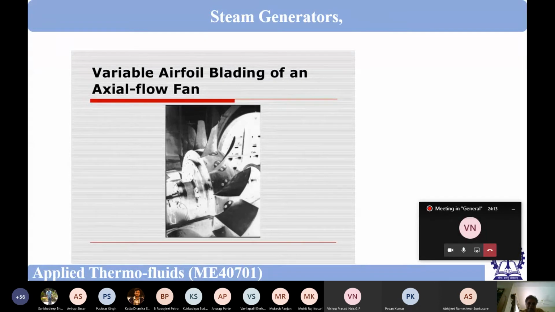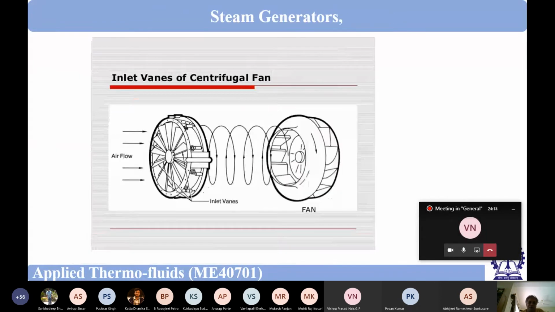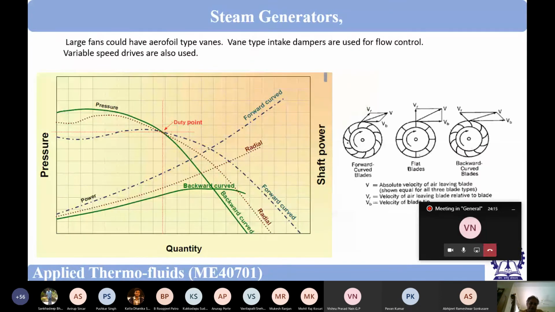It is like this. Whatever may be your method of changing, you have to follow this curve. This is the characteristic curve of the pump or fan. Whatever you do, you have to follow this curve.